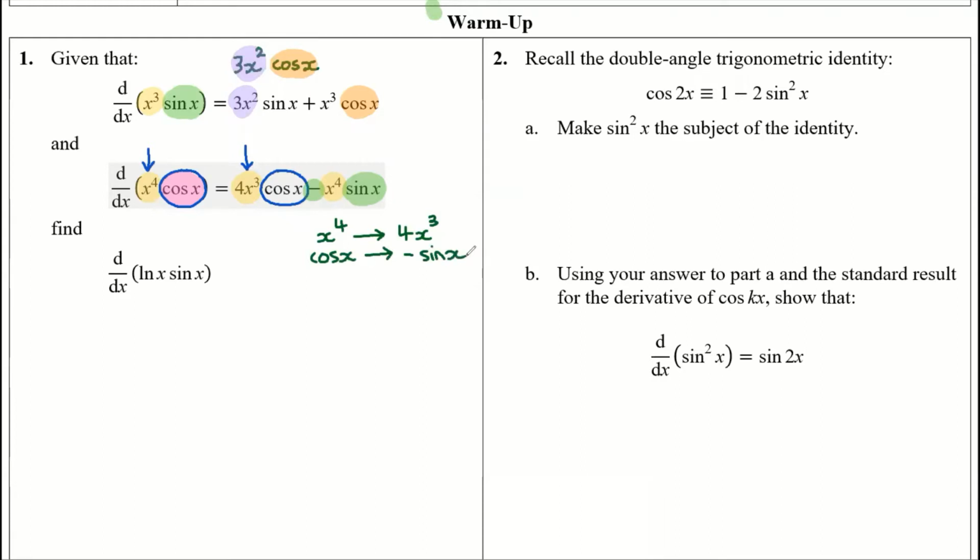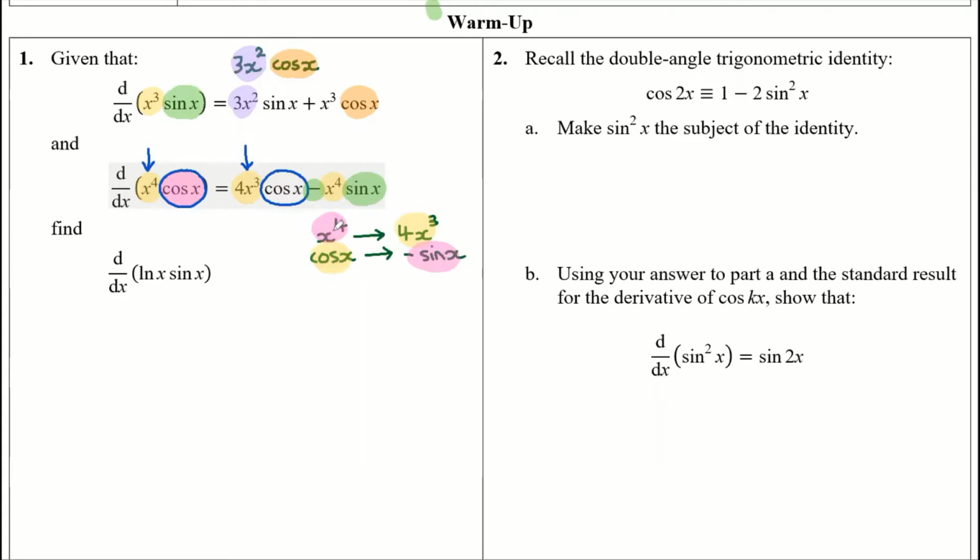And then if I just put all the pieces together, I take the derivative of the first part, which is here, and I multiply it by the second part. And then I take the derivative of the second part and multiply that by the first part.